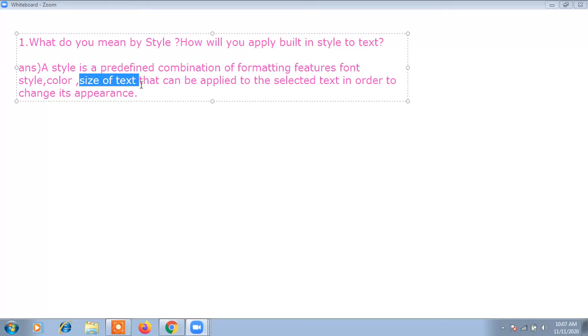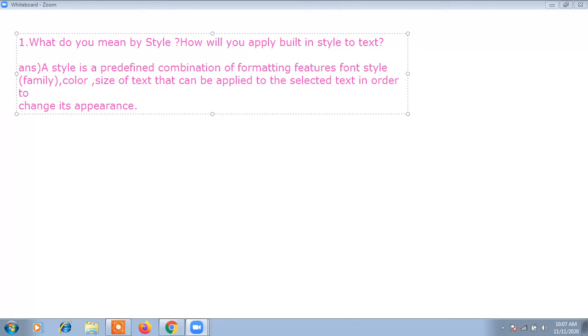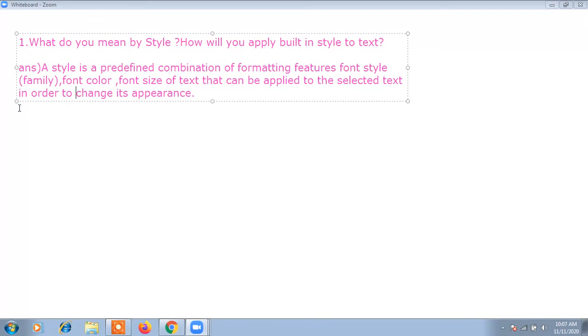Font style means font family; you can write font family also in its place.